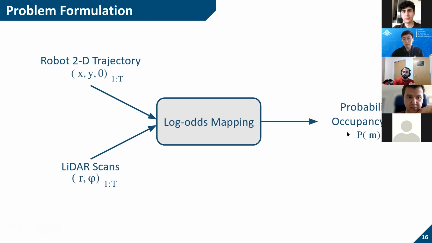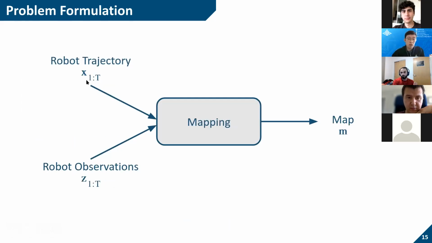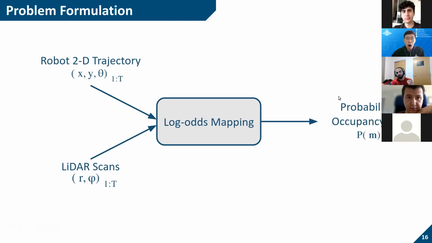At the end of the day, we make some kind of probabilistic representation of the map. It's an occupancy grid, just like this image here on the left, but it's more fancy actually. It is probabilistic, so it tells you the probability of each cell or pixel being occupied.